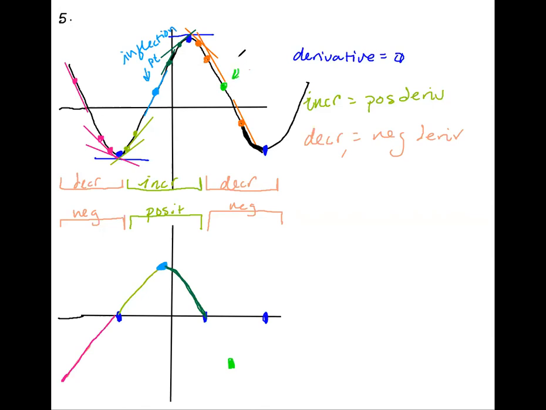So there's our most negative slope. So this orange part here is going to come down to the most negative part. And then, it's just color-coded.